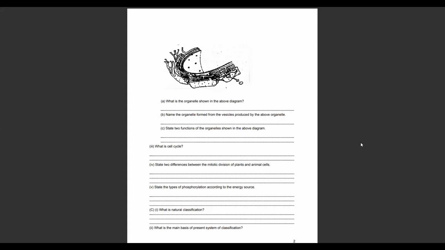Okay. Now, natural classification. Natural classification is the grouping based on true relationships. True relationships means morphological, which means external characteristics. Then anatomical, which means internal tissue structures. Cytological means the cellular structure.